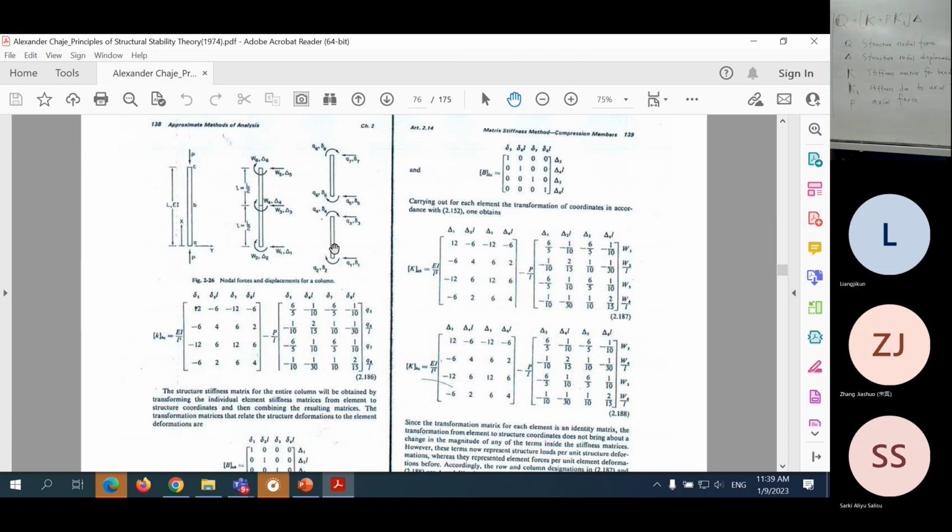Okay. Now we have formed the structure stiffness equation, the stiffness matrix for each of the elements. Class, later you refer to this because this is a bit too small. Even I cannot see it properly.